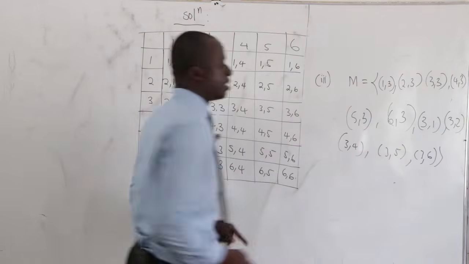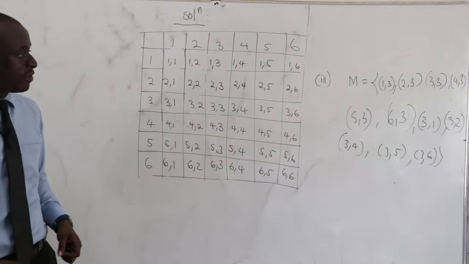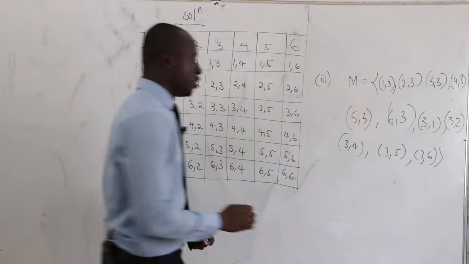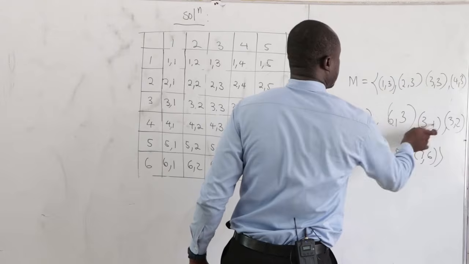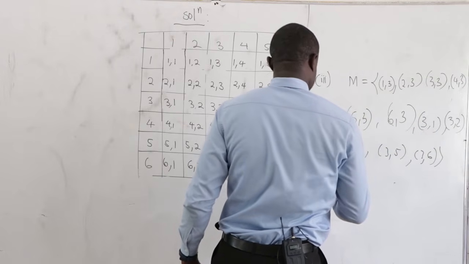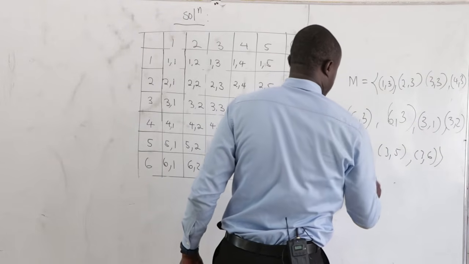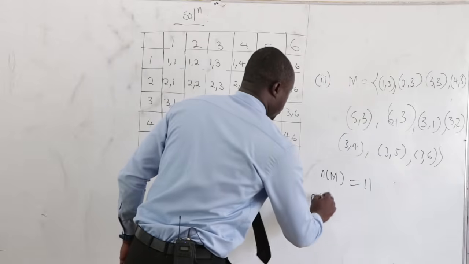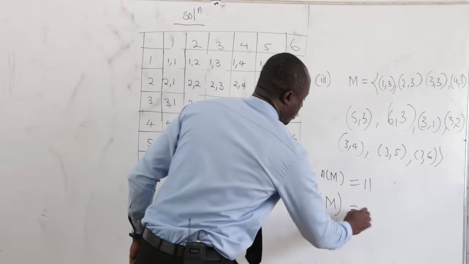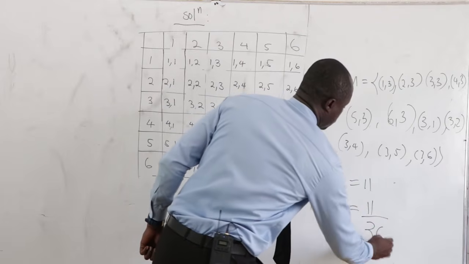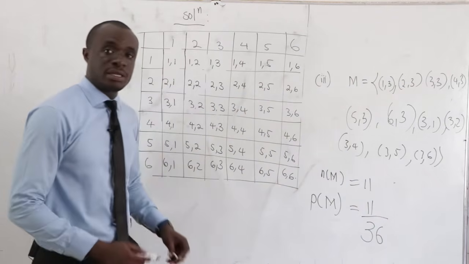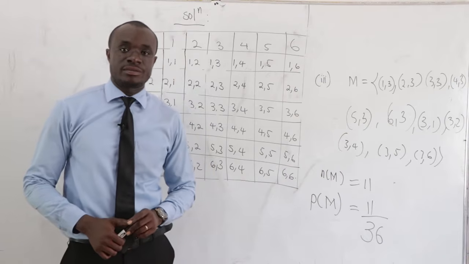So these are the events. Probability is number of events over number of sample space. So let's see the number of events. 1, 2, 3, 4, 5, 6, 7, 8, 9, 10, 11. So the number of events is equal to 11. Now, the probability that it contains at least a 3 is the number of events, which is 11, all over the sample space, which is 36. So we have 11 over 36.